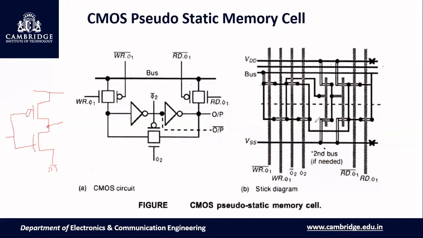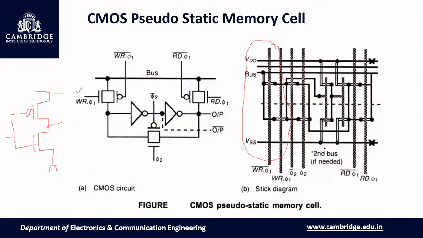So here you just make the transmission gates. In a transmission gate, PMOS and NMOS transistors are connected in parallel. The one transmission gate has the control signal WR dot phi1. WR dot phi1 is the control signal for NMOS.